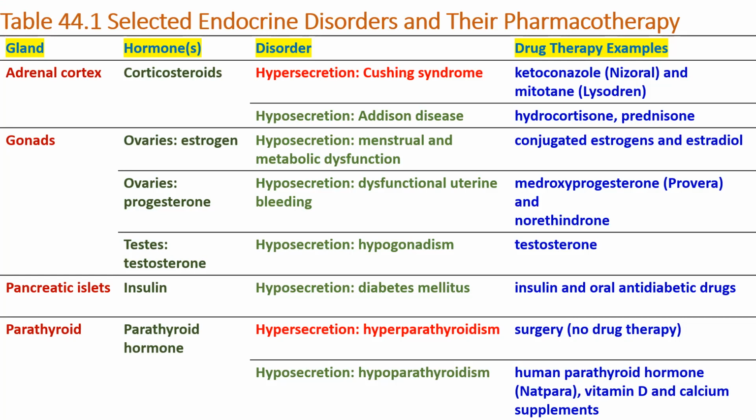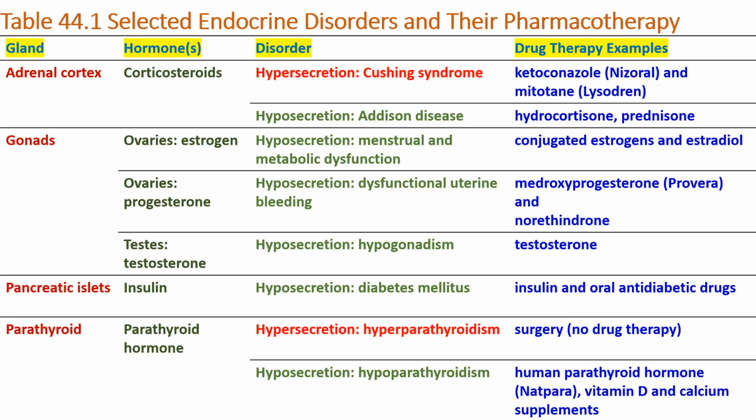All of these, plus thin muscles, fragile bones or osteoporosis, and more adipose tissue in the trunk, are symptoms or manifestations of Cushing syndrome. Patients will be treated with ketoconazole, Nizoral, which is an antifungal, and metyrapone, Lysodren.